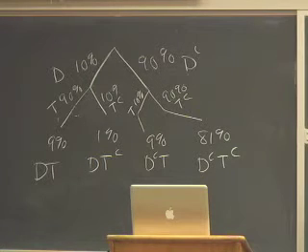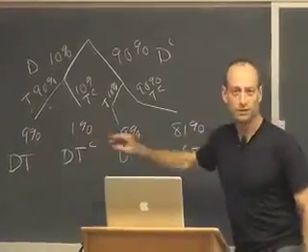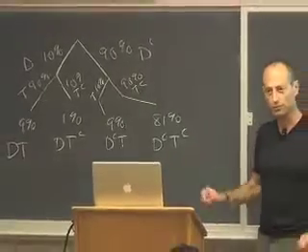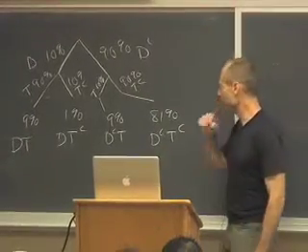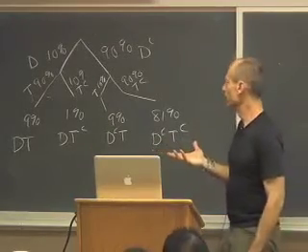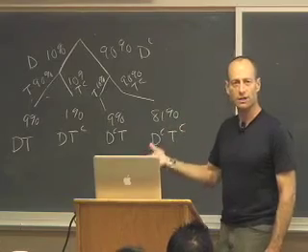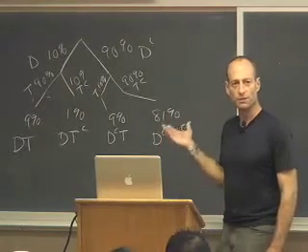And just as a sanity check, do these add up to 100%? Yep. 81 and 9 is 90 and 10 is 100. Yeah? Okay. So this is a good thing. All right. So what are we interested in? We're interested in the probability that you have the disease given that you test positive.